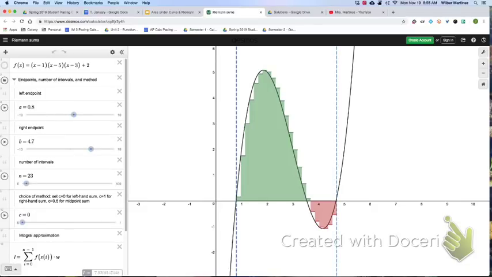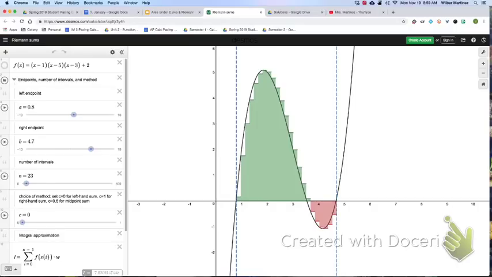So I just wanted to show you this example. You can see that the green part of the function is above the x-axis, and that the red part of the function down here is below the x-axis. So we're going to start getting into positive and negative areas. So these green values are positive because they're all above the x-axis, and these red values are negative because they're all below the x-axis.